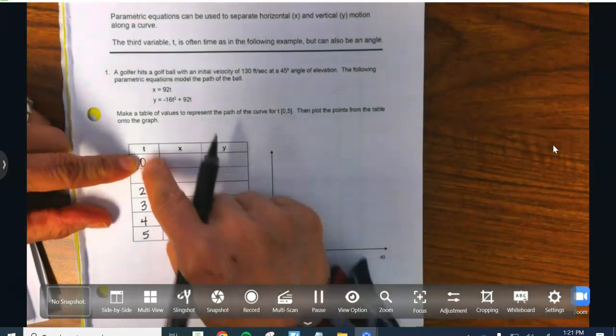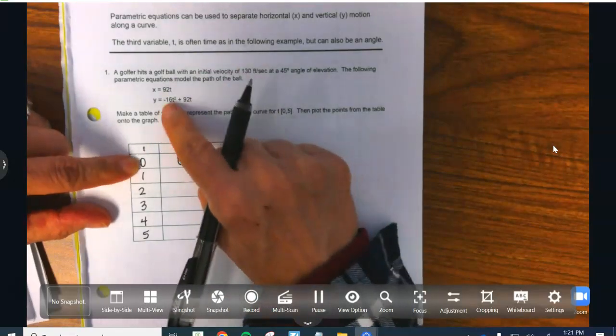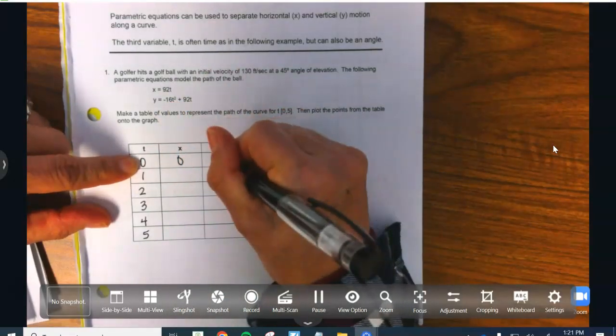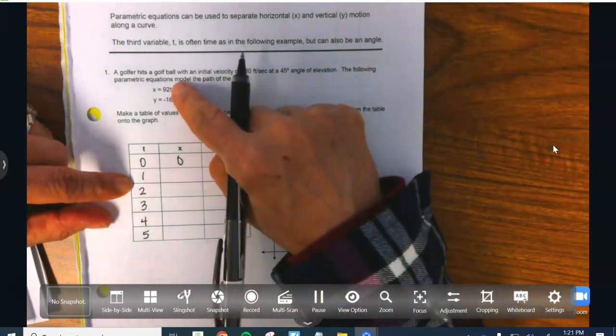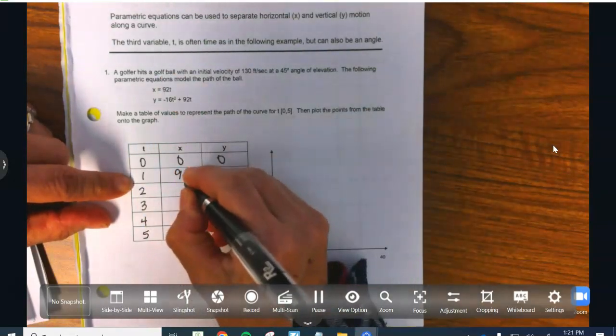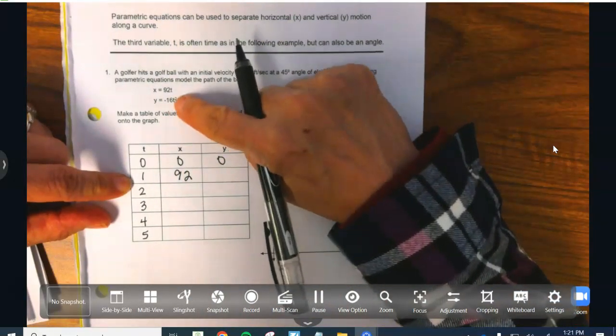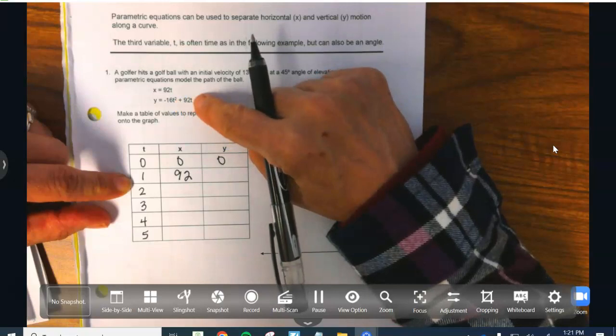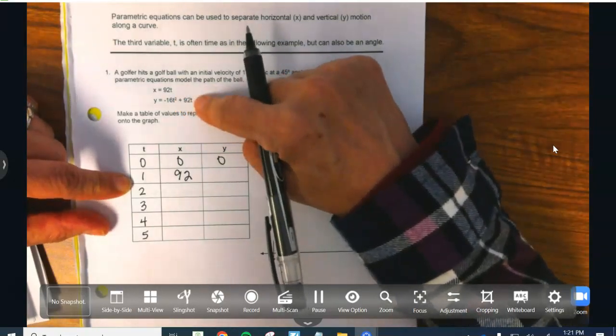So when you plug in 0 to both of these, that turns into a 0. When I plug in a 1 right here, 92 times 1 is 92. Over here, this is going to be 1 squared times negative 16 plus 92 times 1, which is essentially going to be 92 minus 16.